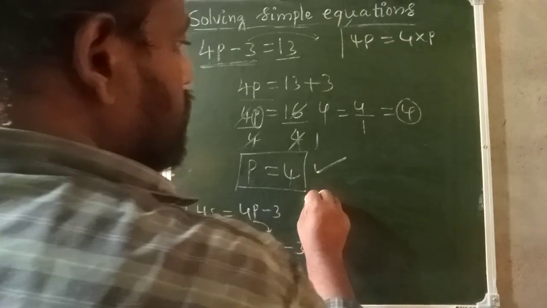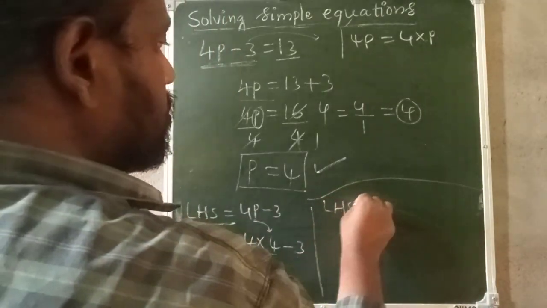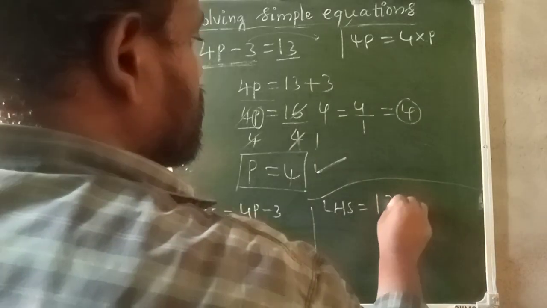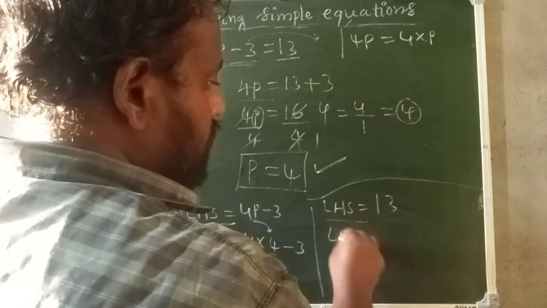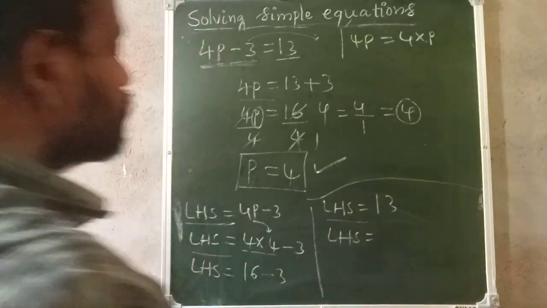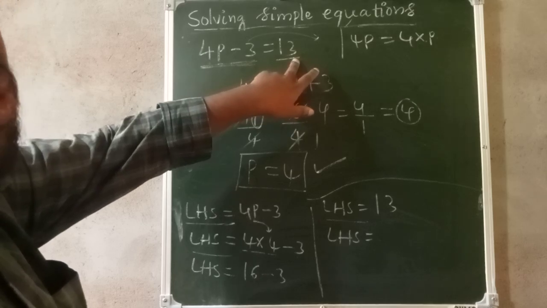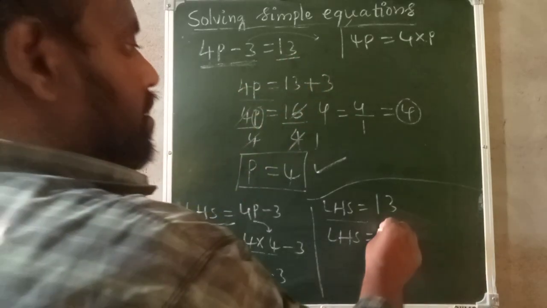Okay. Next I will write here, LHS is equal to 16 minus 3, which is 13. Correct? So next step, write LHS is equal to, now see, I already said 13 is the RHS, right hand side expression. So in place of 13, I can write RHS.